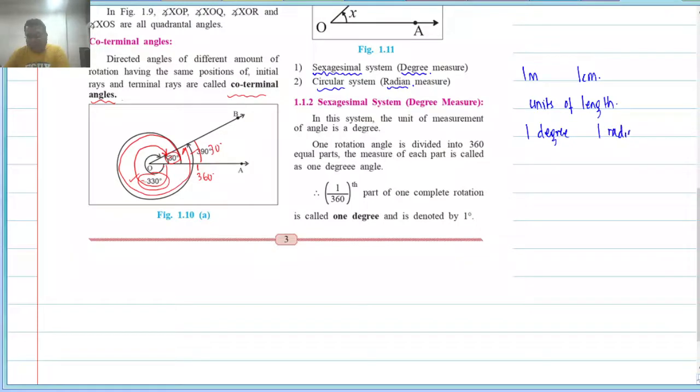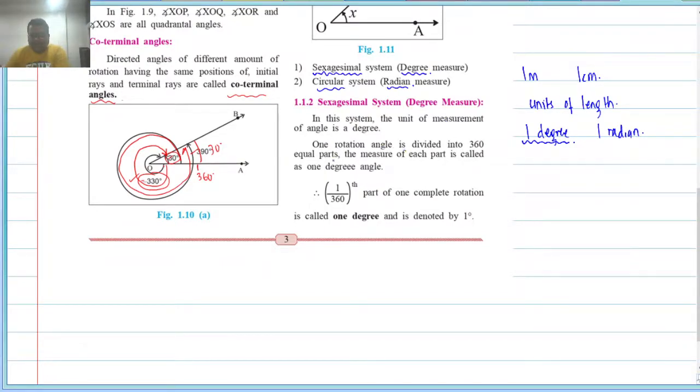Now onwards, most of the angles will be measured in radians, especially in calculus. But for the time being, we'll be using degrees and we'll learn the conversion between degree and radian.